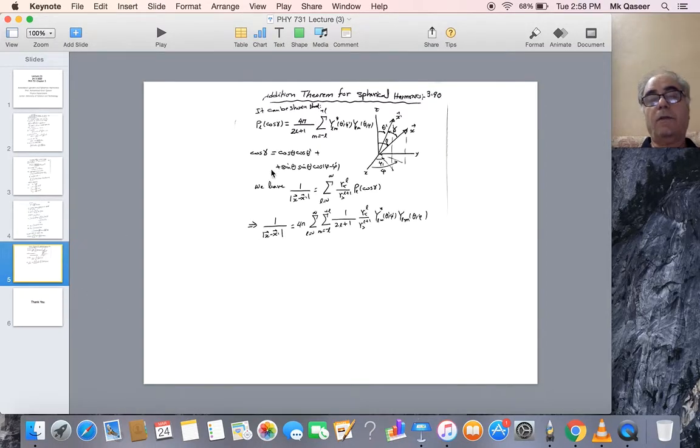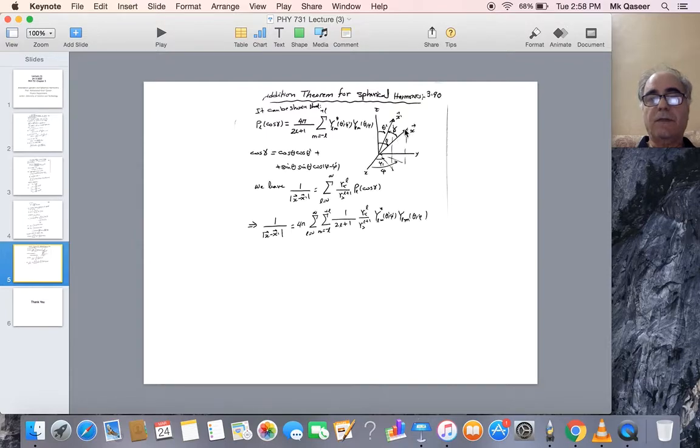Another important thing is called the addition theorem of spherical harmonics. We don't have time to derive this, but it's a very important theorem and we will use it later. If we have two vectors x and x prime, x has radius r, azimuthal angle phi, and polar angle theta; x prime has radius r prime and azimuthal angle phi prime and polar angle theta prime.